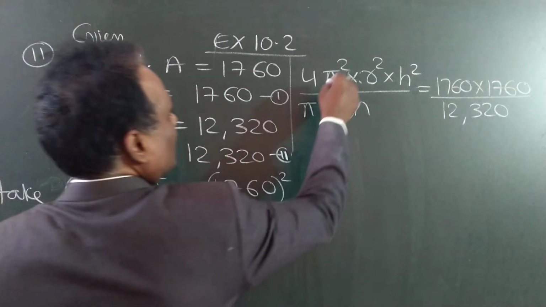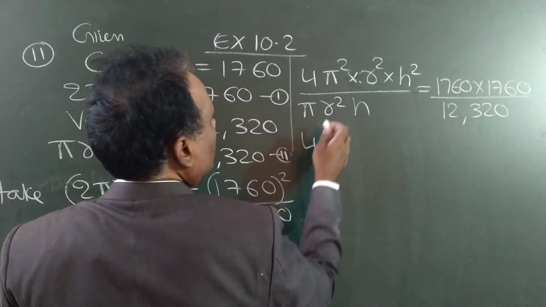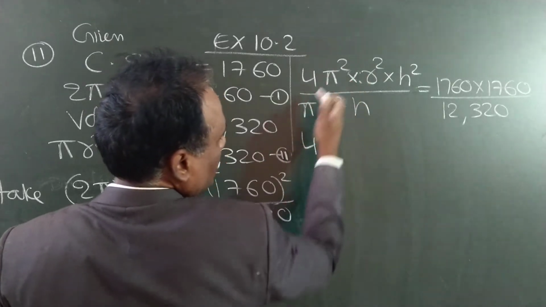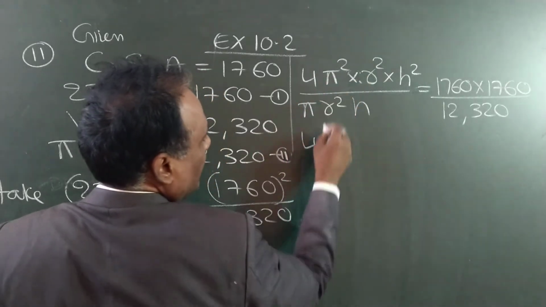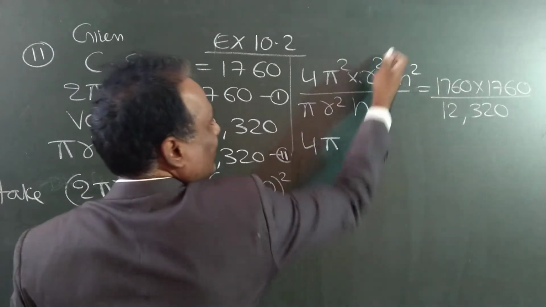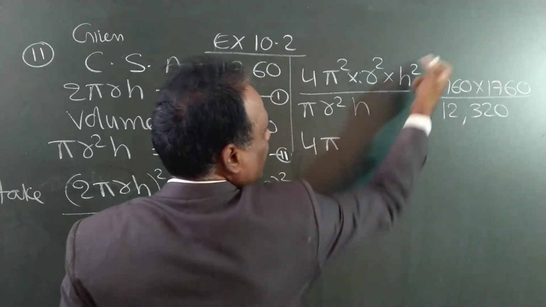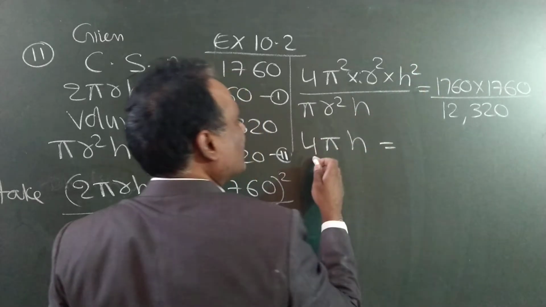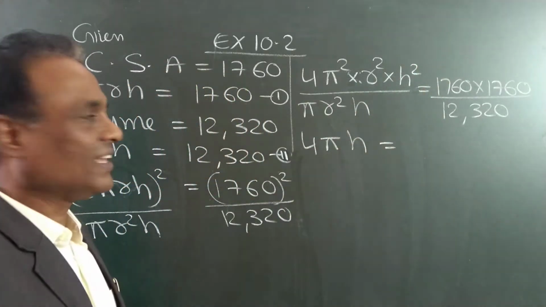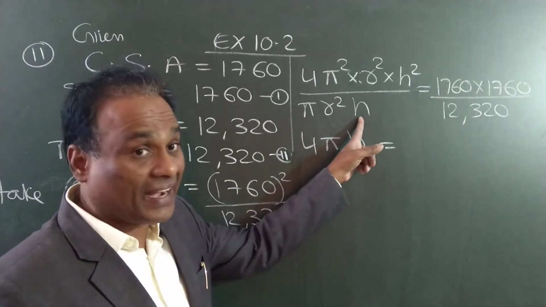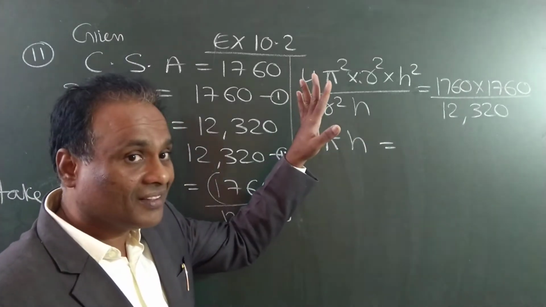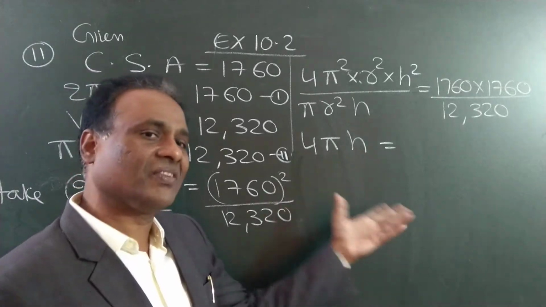See, 4, 1 pi cancels, pi square, 1 pi cancels, pi r square cancels, h square by h, 1 h cancels, only 1 h remains. We will get the h value. See, there are two unknown values, r and h. If you remove r, then it will be in h, which we will get.